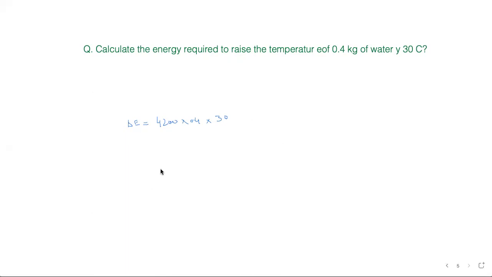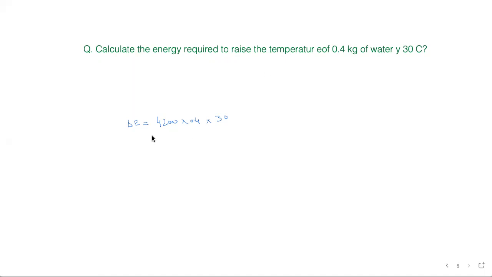So 0.4 times 30, the answer is 12. 12 times 4200 is equal to, yes, 50,400.